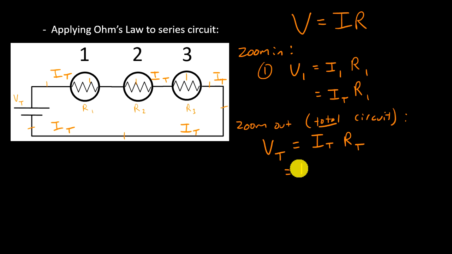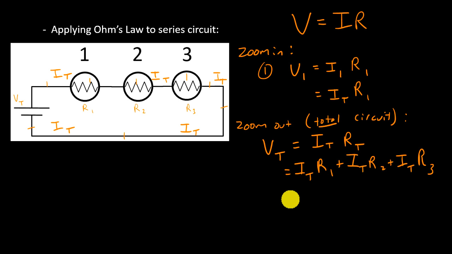Well, that's equal to I total times R1 plus I total through R2 plus I total through R3. Okay, because there's 3 different things, each offers resistance. The current is staying the same, but the resistance doesn't have to. I'm not saying these R's have to be the same.